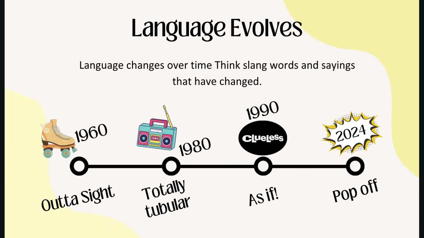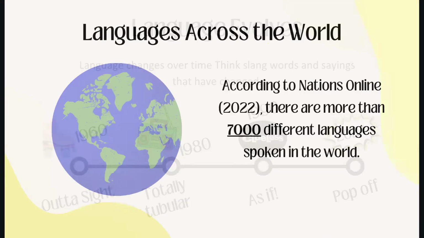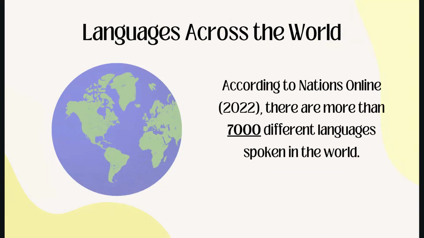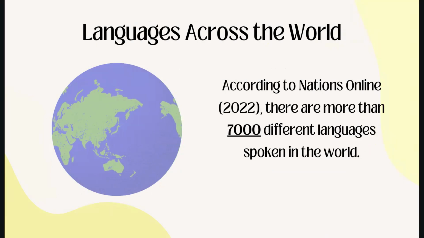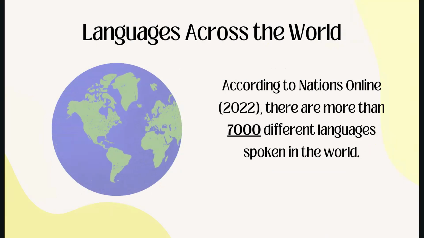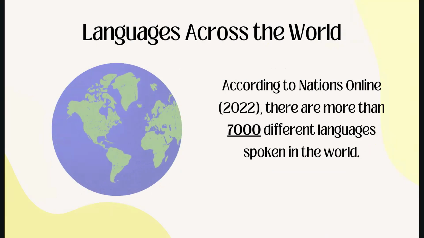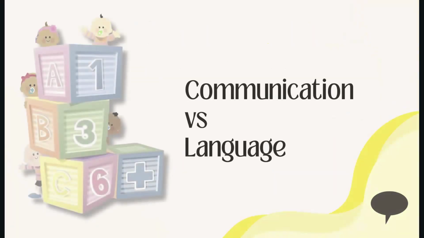And think about how that changes along with all of the other languages spoken throughout the world. According to Nations Online in 2022, there were more than 7,000 different languages spoken. And I'm sure there are so many more that just aren't recorded and aren't reported.